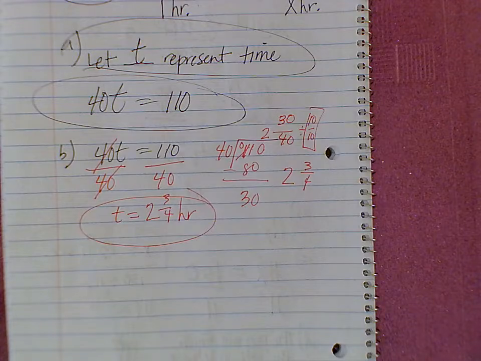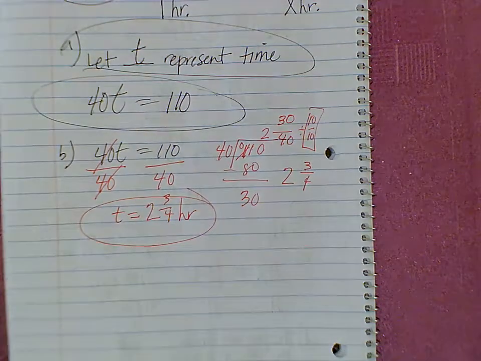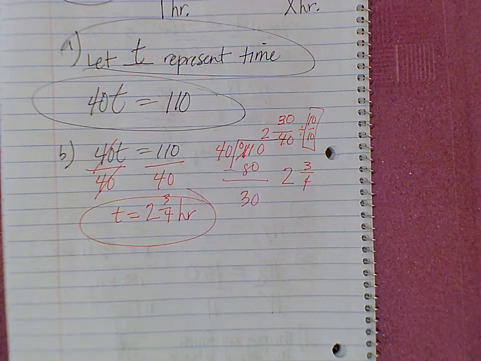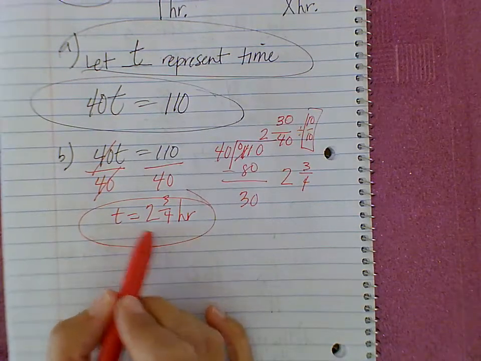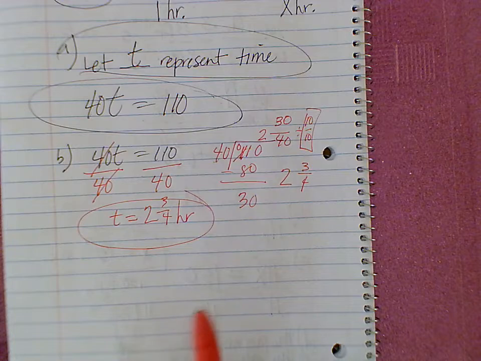Think of a clock. It's divided into 4 chunks, each chunk 15 minutes at a time. This is 3 of those 4 chunks. So 15 and 15 is 30, plus another 15 is what? 45. So this is 2 hours and 45 minutes. Does that make sense?